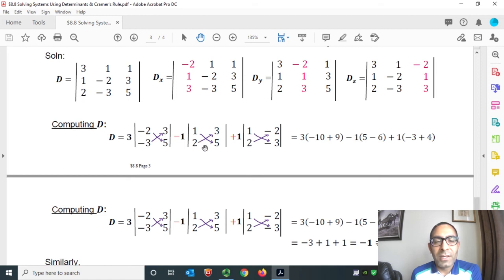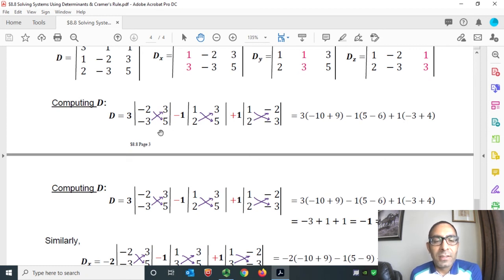Similarly, the third term is plus 1 times the determinant of size 2 by 2, obtained by crossing out the third column and first row containing this 1. We have left 1, -2, 2, -3.